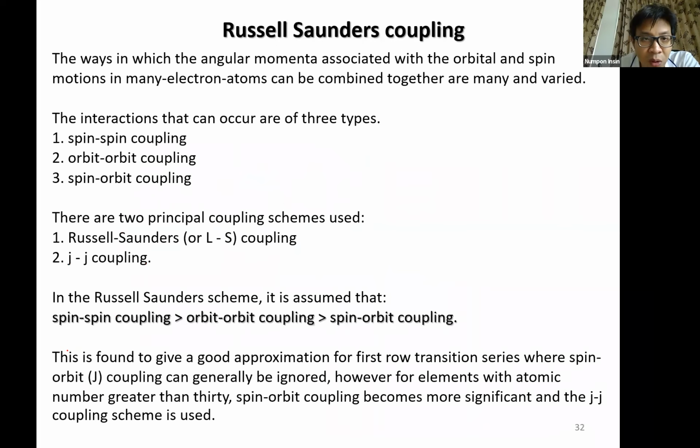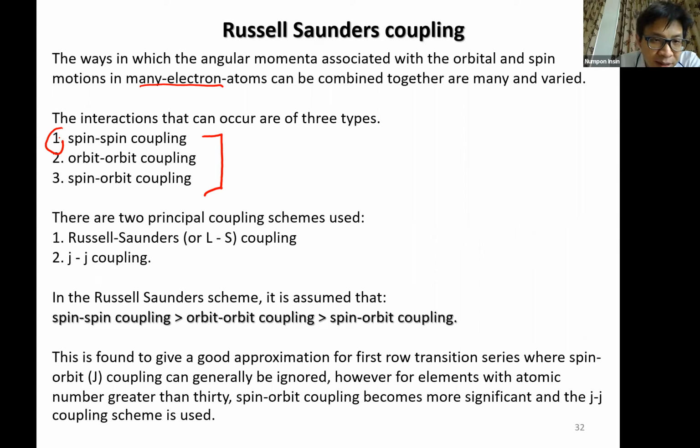The Russell-Saunders scheme is the one that focuses on many-electron systems in an atom. It predicts the interactions, the couplings that I'm talking about: spin and spin, orbit and orbit, and orbit and spin. These are the three possible couplings, but the strongest coupling is spin-spin coupling.